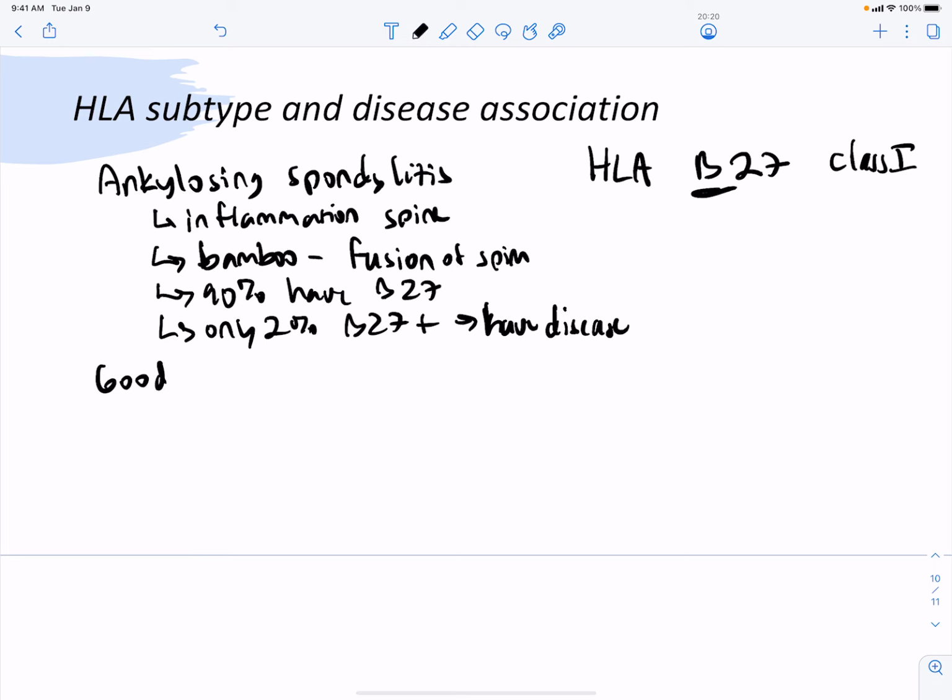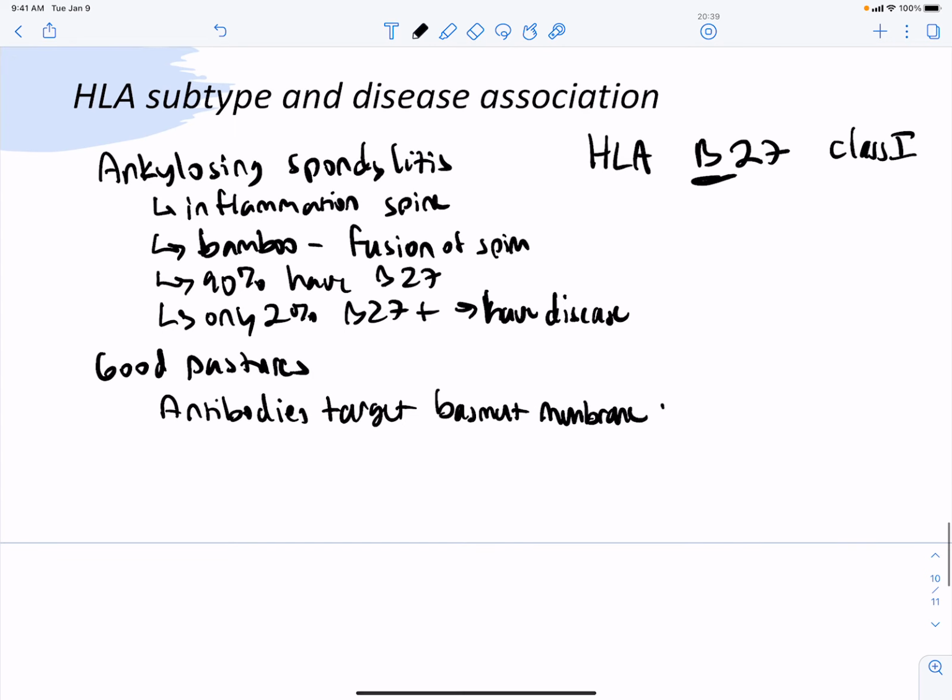Goodpasture's is another. And this is where you have antibodies that target the basement membrane of the lung and kidneys. And the basement membrane is, of course, the scaffolding structure.